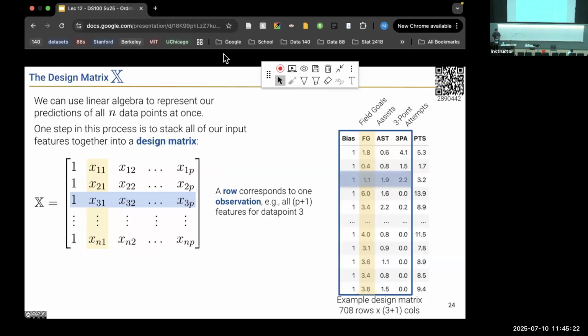All right. So if we compare that to our MBA data set, now we have added the column of ones. We call it the bias column. Each row represents an observation, each column represents a feature, and this one column of all ones is the bias or intercept column.